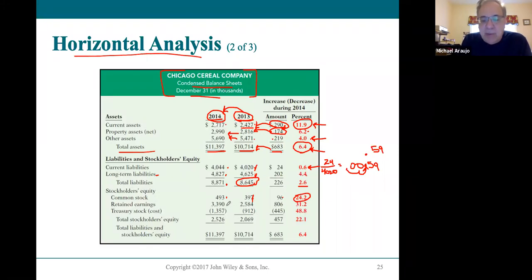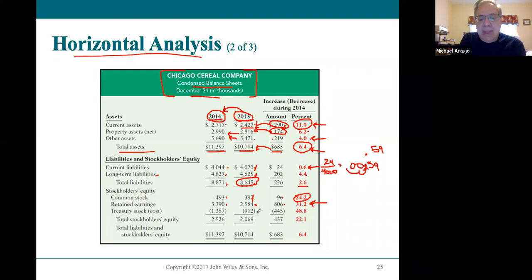Retained earnings went up even more, started at 2584, increased to 3390. The difference was 806. 806 divided by 2584 gives you a 31.2% increase. Okay, that's a huge, huge change.